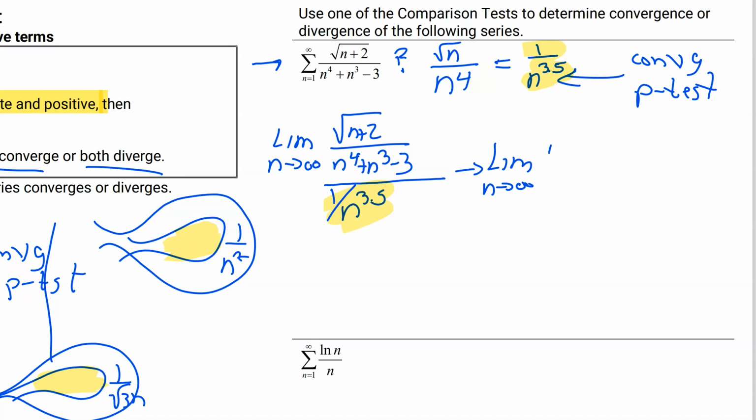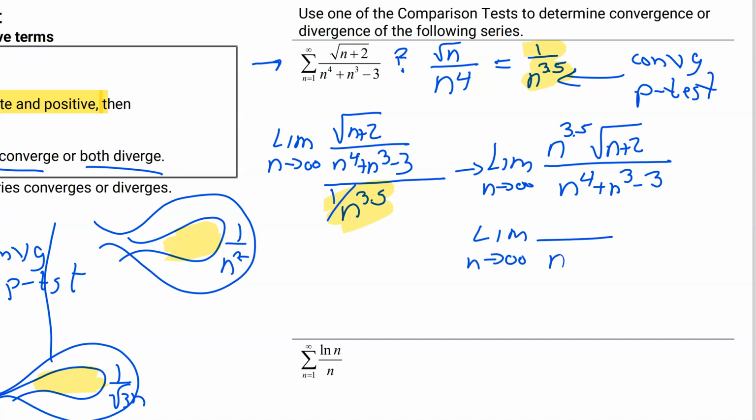So we end up with n to the 3.5 times the square root of n plus 2 all over... So what we're really looking at in the denominator is n to the 4th, and in the numerator, I think that's going to be an n to the 4th.